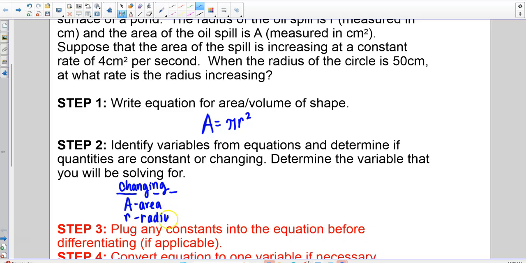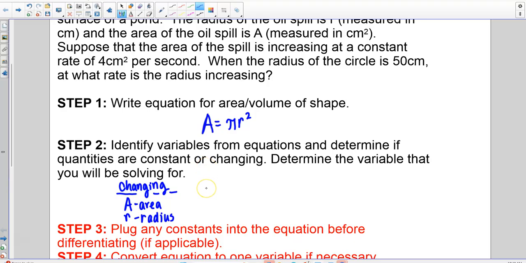Now, sometimes some of your variables are not changing, like the radar gun problem that we looked at. The police car was 30 feet from the road, and it wasn't moving. So, in that case, that distance was constant, right? And it would be the quantity that's not changing. We also are going to be talking about the rates of change, right?